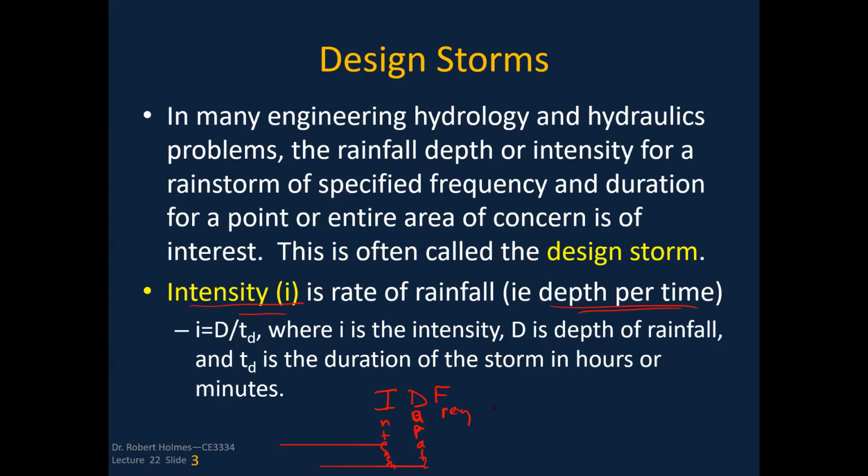And so this D here is not the D that we have in the IDF relationships. That D is a duration. So when we think about it over some duration of time, I know it gets confusing when we talk about the IDF relationships, but just keep that in mind.